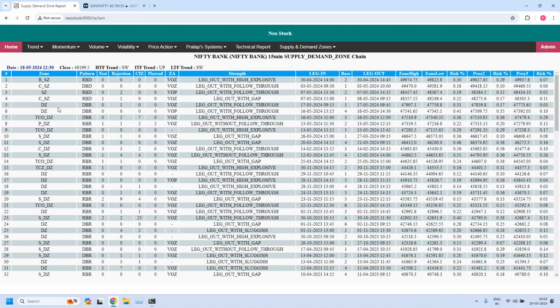Okay, in 15 minutes we have to carefully observe the high liquidity zones. The immediately available high liquidity 15 minute zone is the 4th one, already tested once, leg out with gap. And one more point, the 15 minutes trend is sideways.